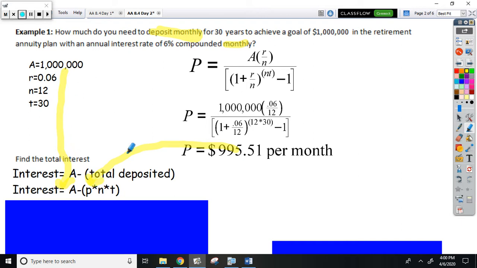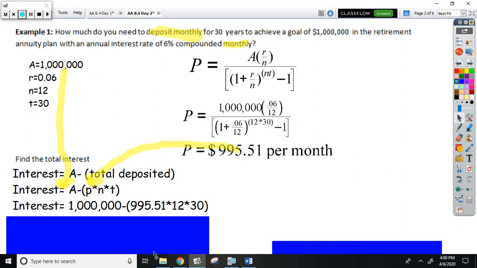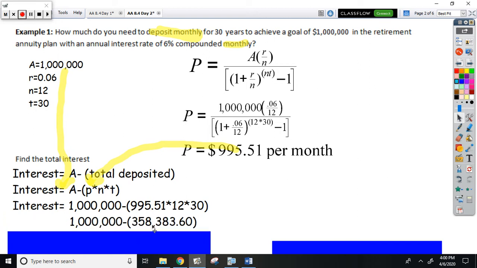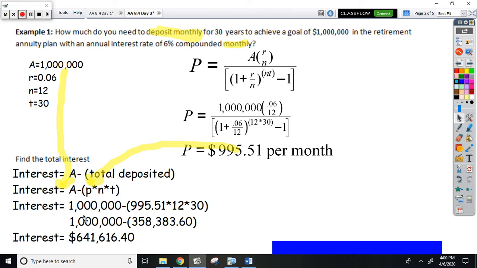N is 12, T is 30. Multiply those values together and we'll get 358,383.60. And last but not least, subtract. So you are making $641,616.40 in interest just by depositing that every month.